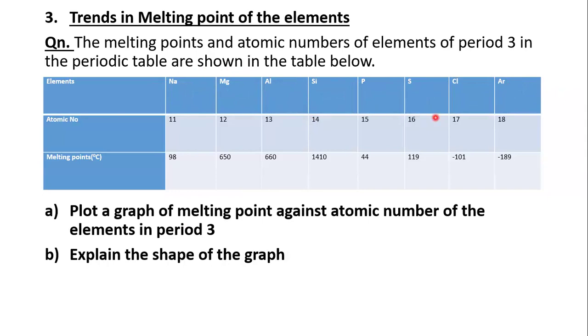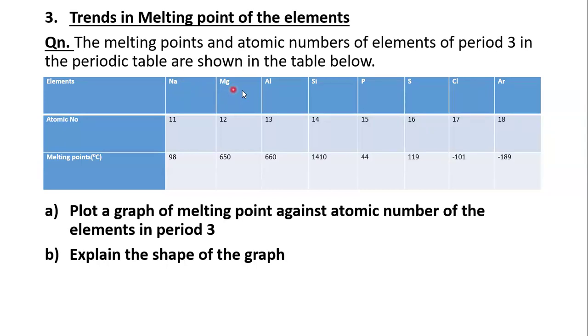So when I'm describing such a question, it has a minimum of 6 marks. You have to put all the marking points. When you're describing the melting points and boiling points of period 3 elements, we describe them basing on their structures and the forces of attraction between either the atoms or the molecules.